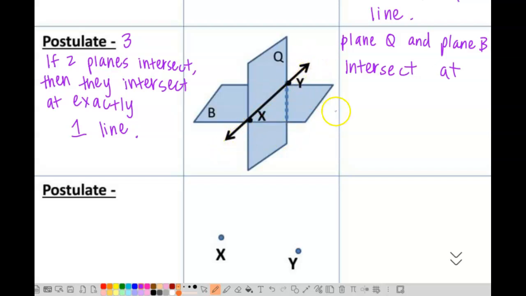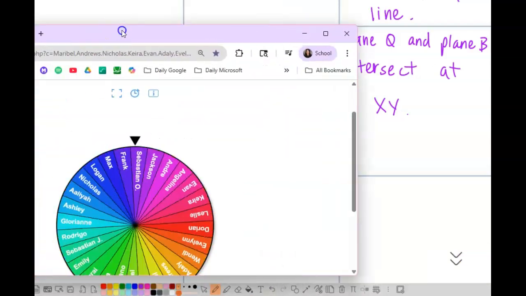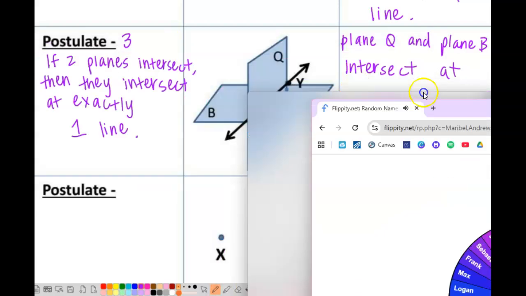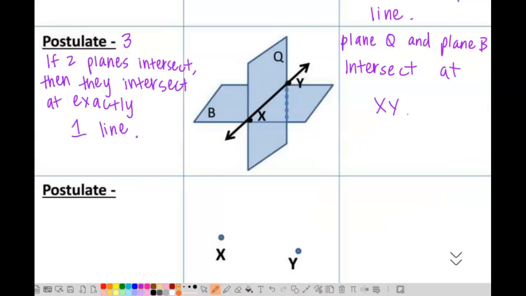How would we name that line? XY. Good. Angie, can you tell me why this is wrong? What did I forget? The dash on top. Yes, the line at the top. Don't forget the line at the top, otherwise it is wrong.